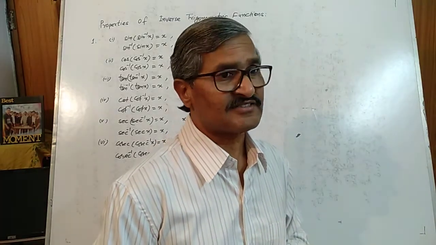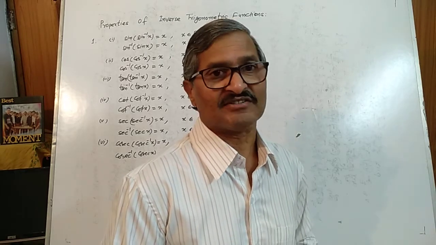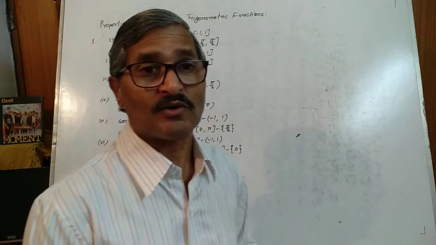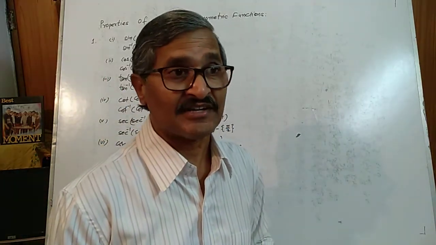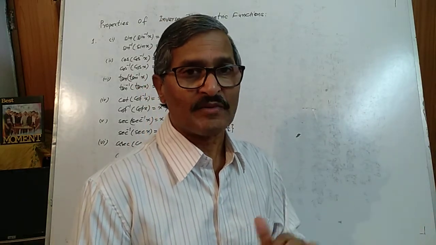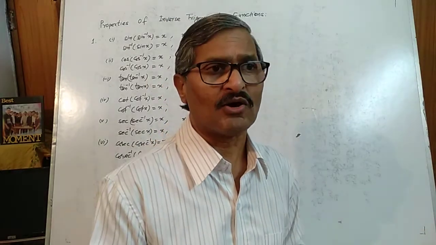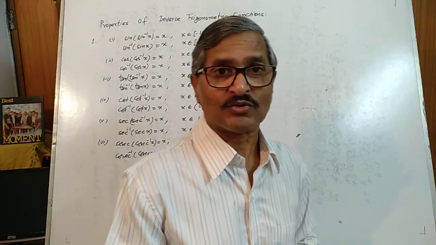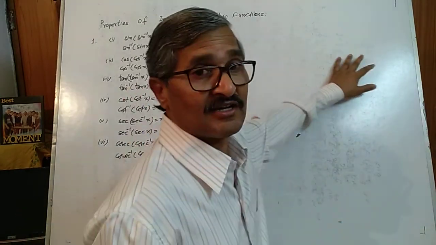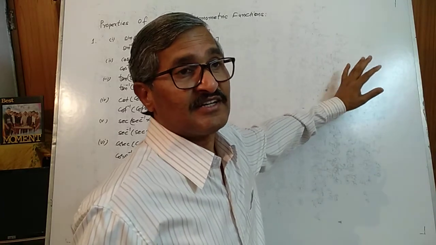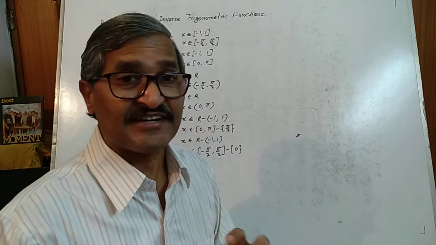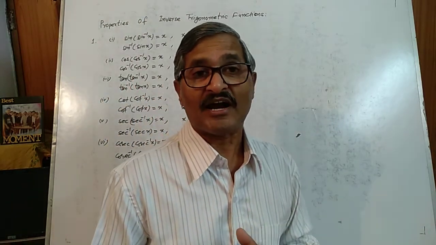So we have discussed the sine function is invertible and bijective in their respective domain and range, and those domain and range we have discussed. If a function is invertible, it means the composition of the function and its inverse will be the identity function.